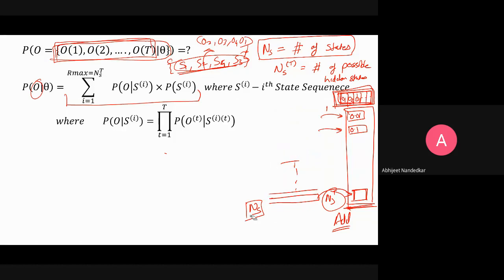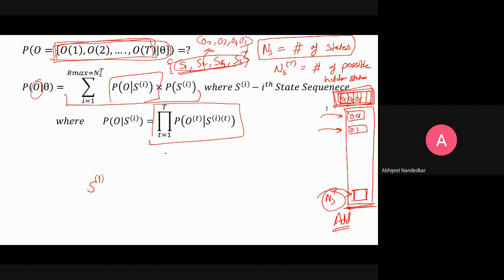And then the next part is how to solve this. Now this first term is nothing but the product of the probabilities given the state. Suppose sequence number 1 is going, in that I have the first state.